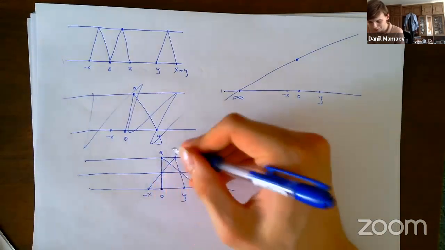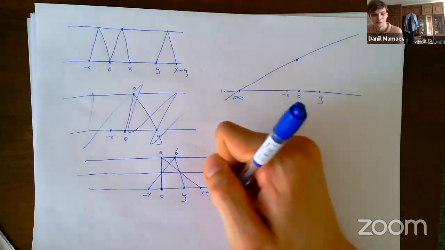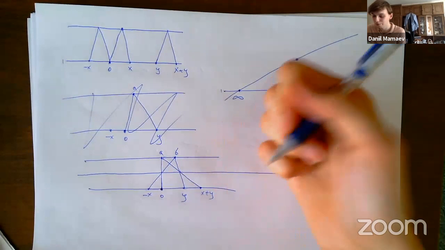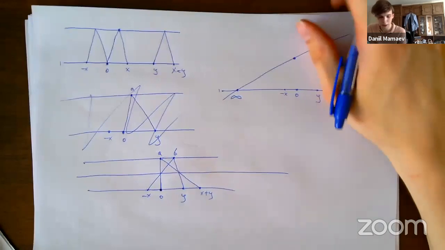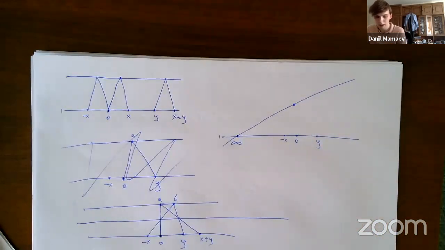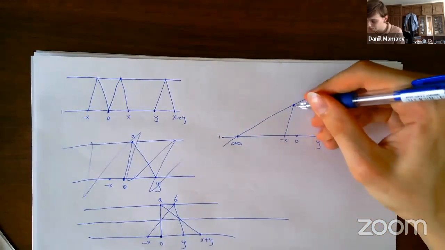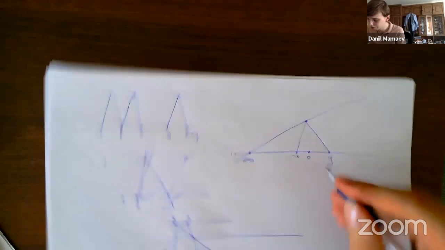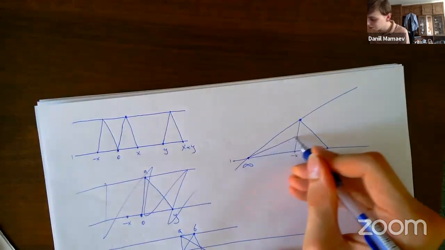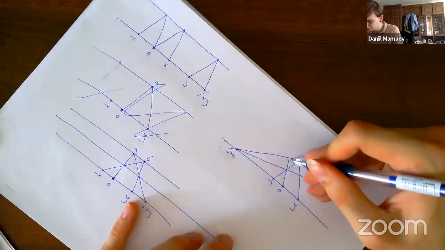Well, this thing is equal to this thing, and this thing is equal to this thing. So great. And now we apply a projective transformation, and what we get is pretty much the same picture, but with infinity at a finite point.